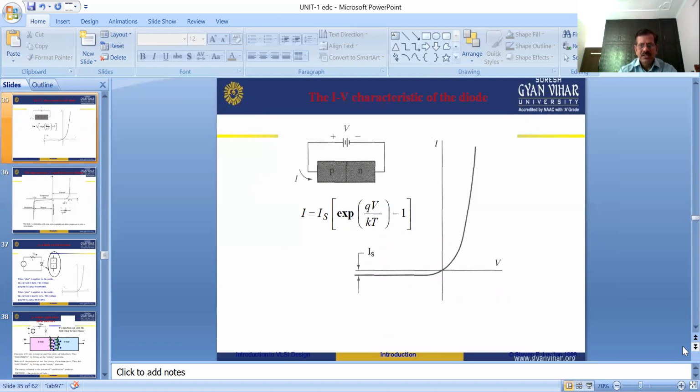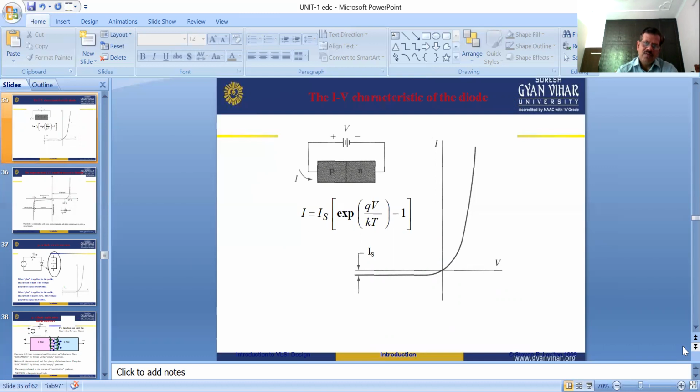The bias voltage can be divided into two types: forward biasing and reverse biasing. The diode can be biased by forward biasing or reverse biasing. These are the two types of biasing of a PN junction diode.